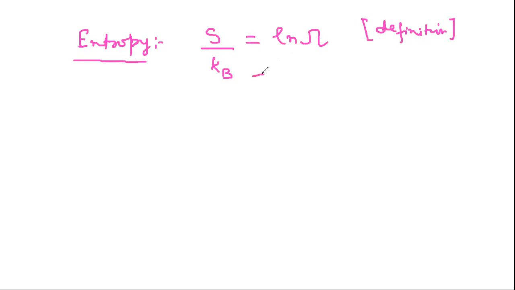Then we can approximate it to ln T star. Remember, T star is the maximum value of T, the number of microstates pertaining to the most probable distribution. We can approximate sigma with T star. So it is our usual approximation, right?